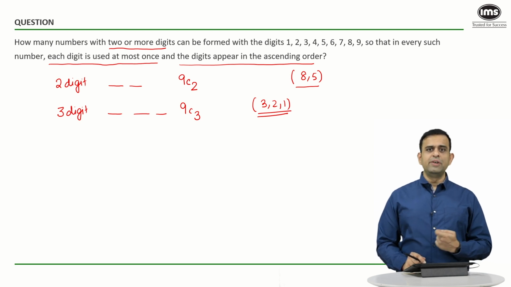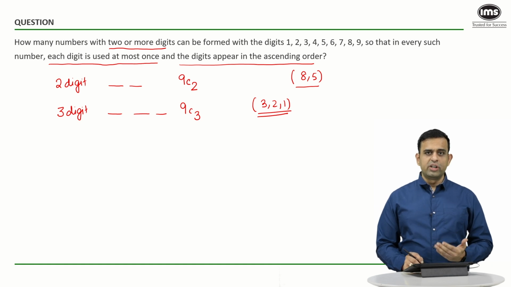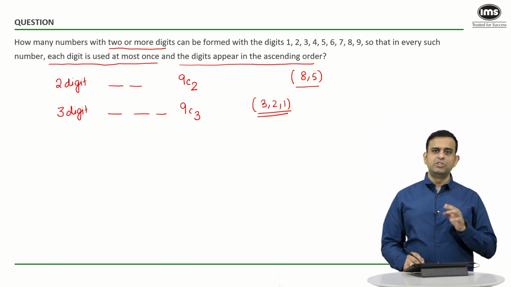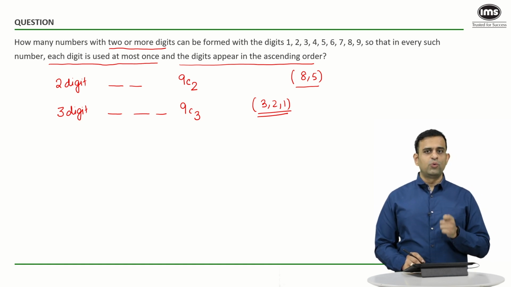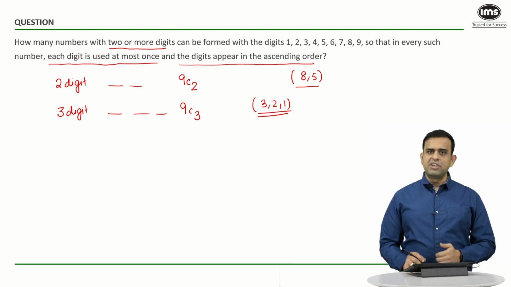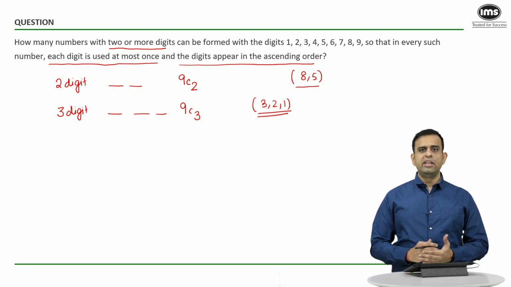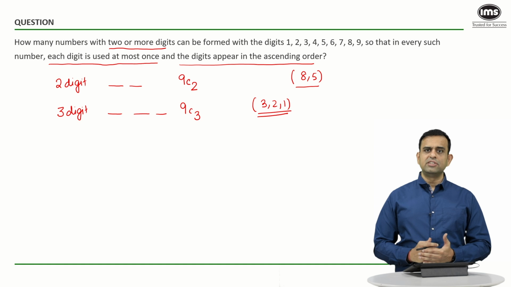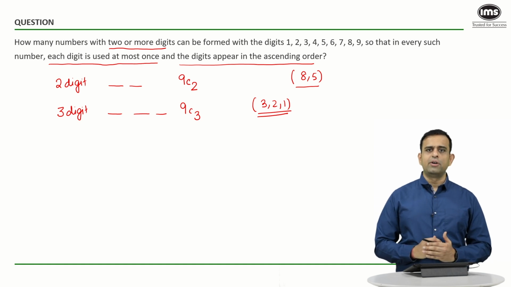It can be 2, 3, 1, 2, 1, 3. It can be 1, 2, 3 or 1, 3, 2. But if you notice, in only one case does it go in the ascending order: the case of 1, 2 and 3. So I just want to select the digits, and they are going to be arranged in only one way since I want them to be in the ascending order.